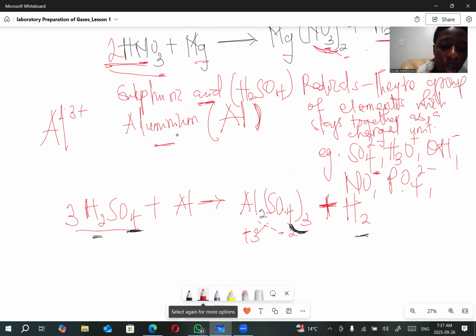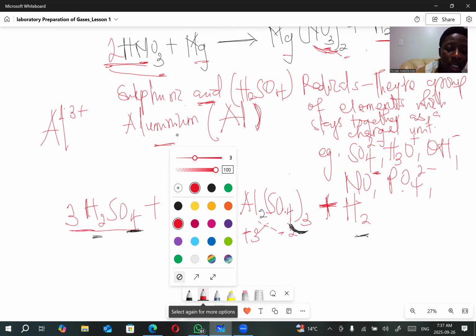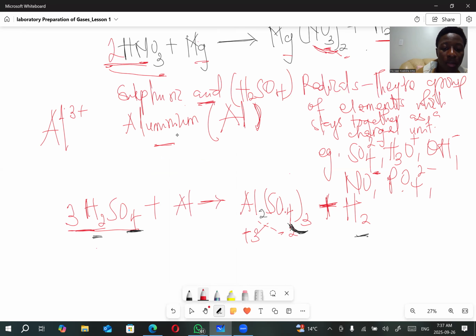Hydrogen on the left side has become 6. Here is 2. So what can you do to 2 to become 6? 3. So we are done.